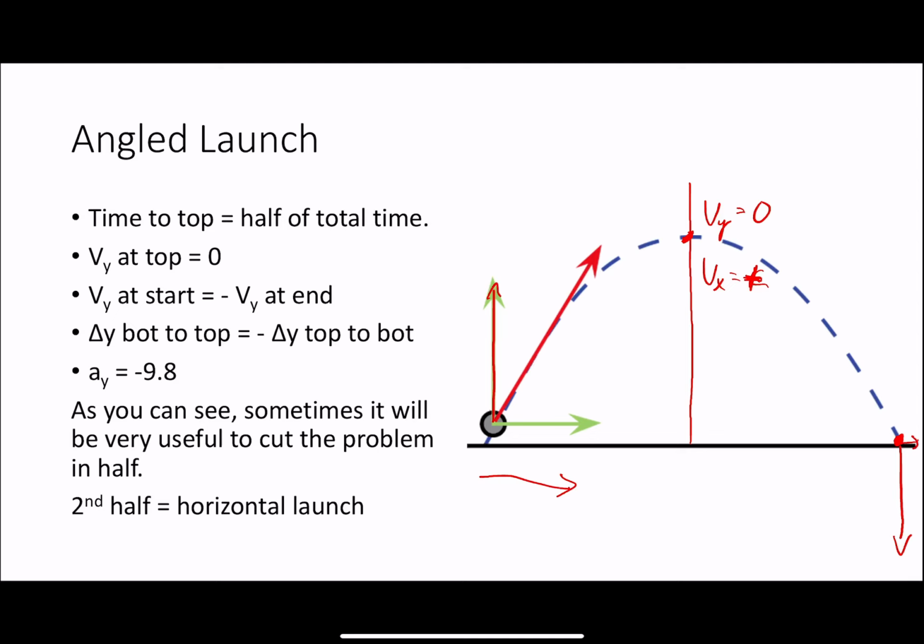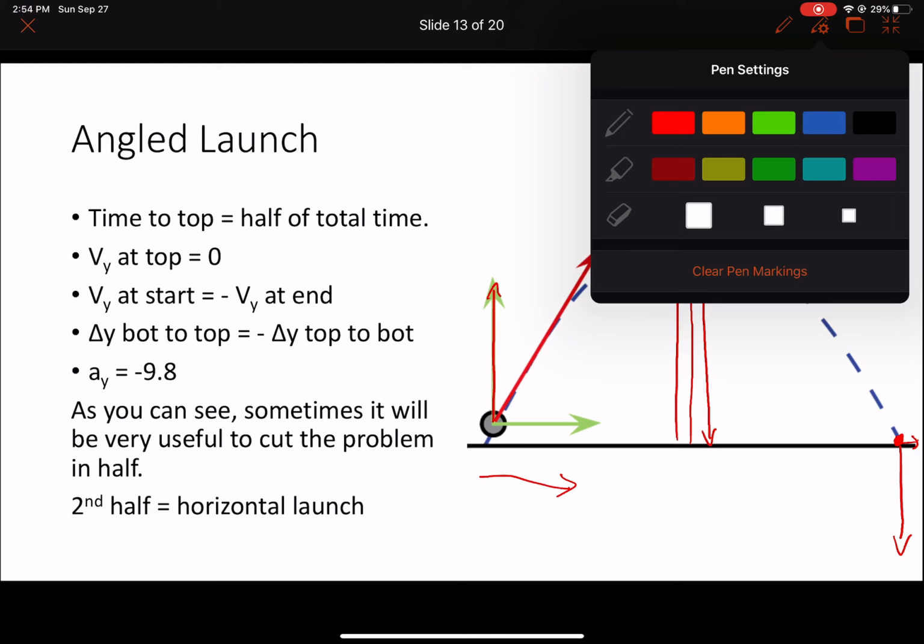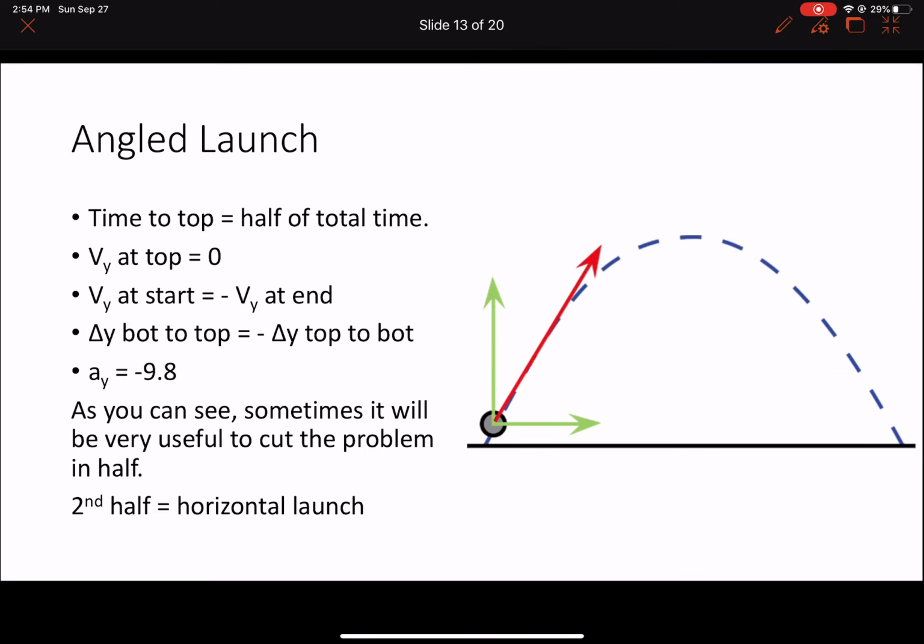Delta Y to the top, so our distance in the Y direction to the top, is going to be equal to our displacement down to the bottom. And of course, our acceleration is 0 in the Y direction. And so, since this is very similar to the problems we did last unit, it's going to be very useful oftentimes to cut the problem in half and work with only half of this problem.